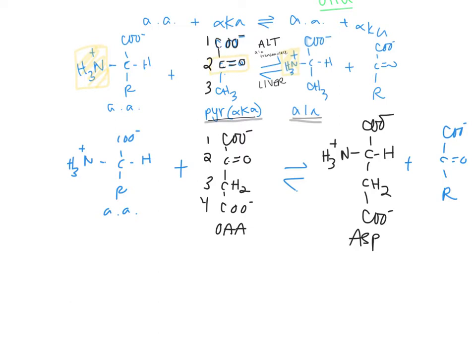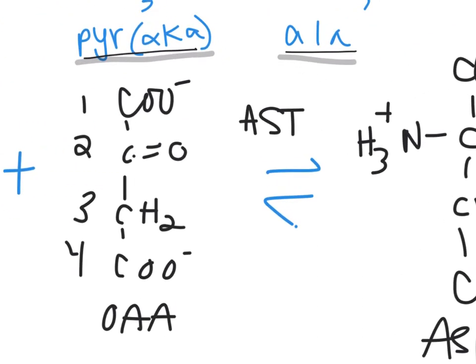Food for thought. Okay, so we've made alanine. We've made aspartic acid. Oh, this enzyme that catalyzes this one is called AST, which is aspartic acid transaminase, ASP transaminase.